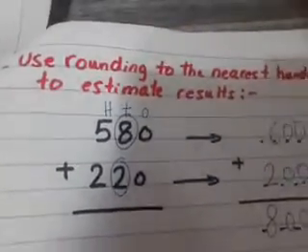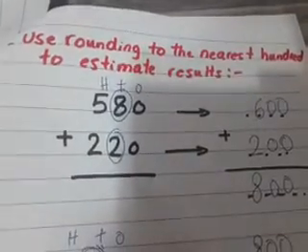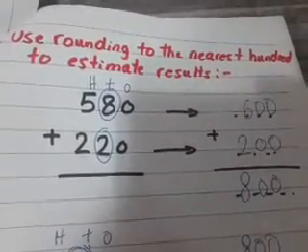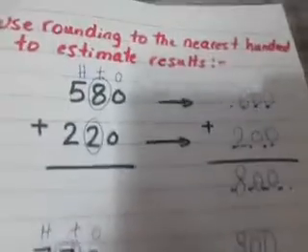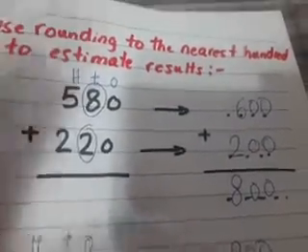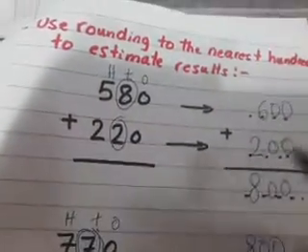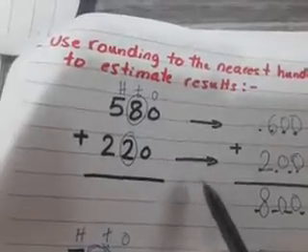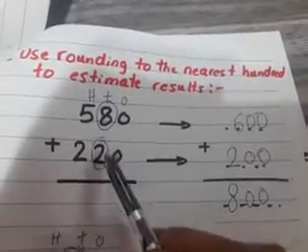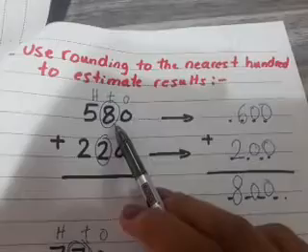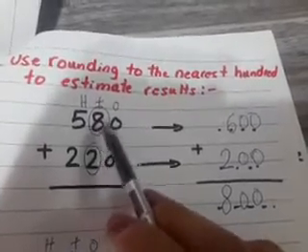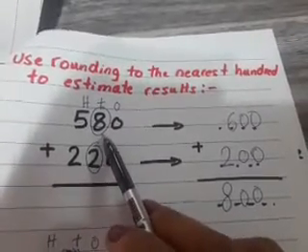Okay, here we use rounding to the nearest 100, but in my problems, addition or subtraction. Let's do this. 580 plus 220. Here we will focus on our tens. It's 8 here. Is 8 more than 5 or less than 5?